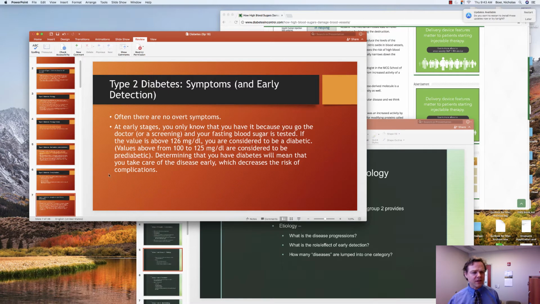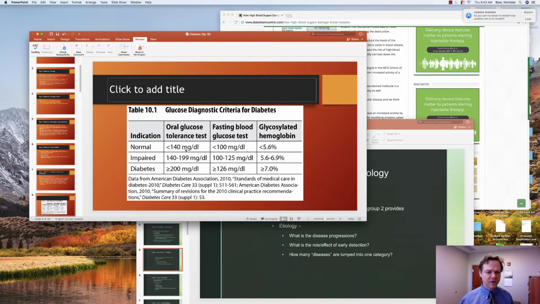So I talk about the early detection and the early symptoms, and how type 2 diabetes is defined. I had this chart from the book. If you need a chart from the book, let me know and I can send them to you. Also, if you want to copy and paste from an internet website, I didn't do a great job of having extra pictures and things like that in there.